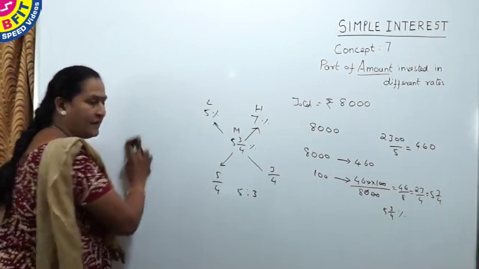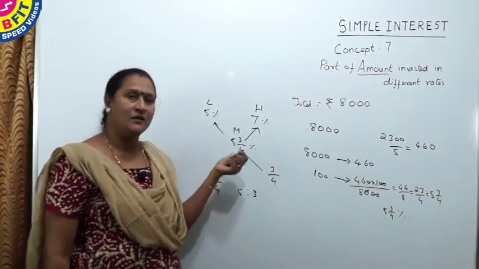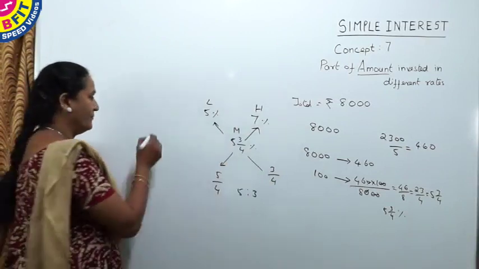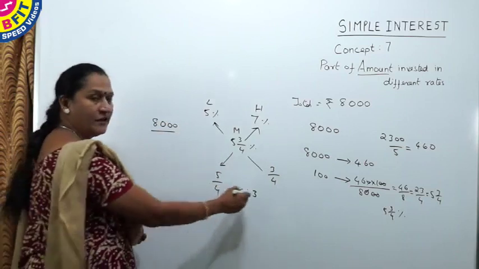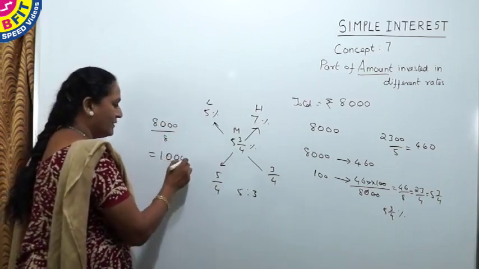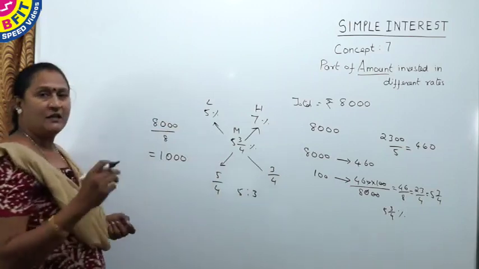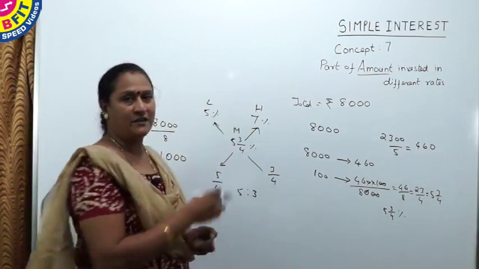After getting the ratio, working will be simple, and getting the ratio is also simple using the alligation process. So the total amount is 8,000, divided into 8 parts. What is the value of one part? 1,000.